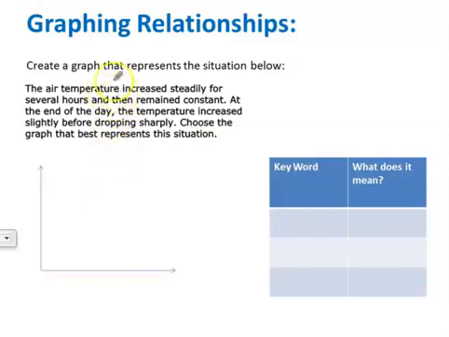So in this example, we're given a situation where we are comparing temperature over time. So I'm going to go ahead and mark that down. And while I'm doing that, go ahead and read through this situation. And then we'll read through it together.